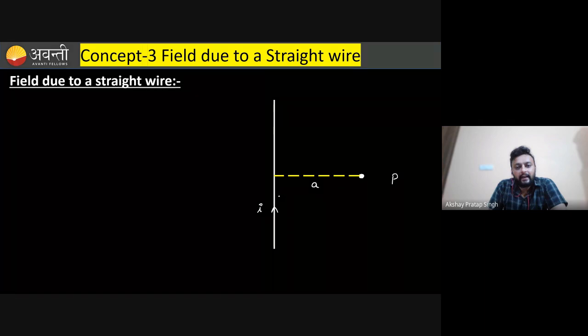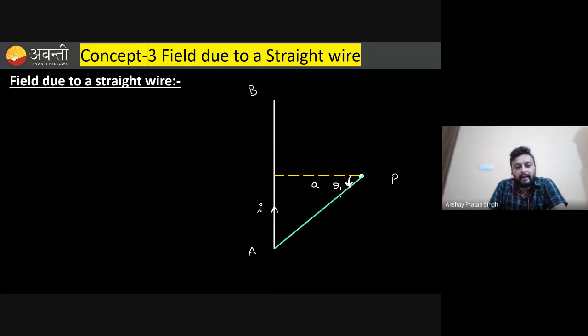Now, one more thing I will say, the ends of the wire, let's suppose this is end A, this is end B. The end A of the wire makes an angle, let's suppose theta 1, with this perpendicular, in the anti-clockwise direction.